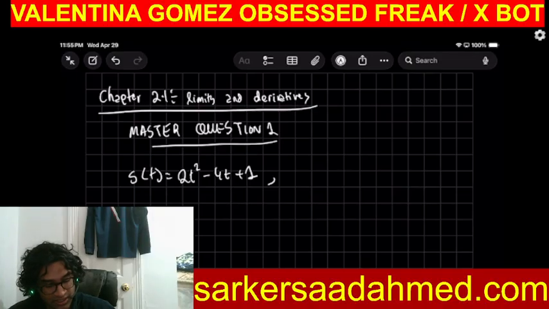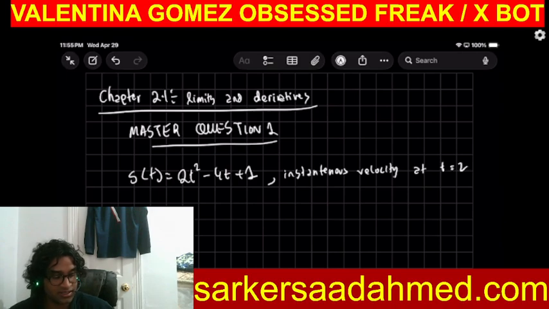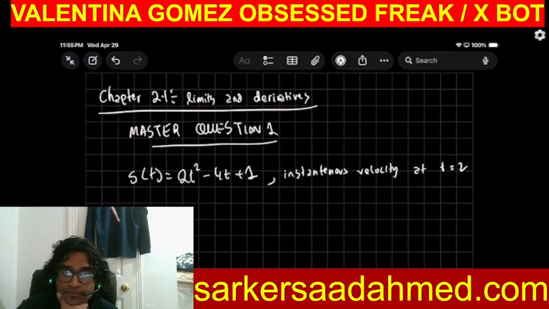Now we need to find the instantaneous velocity at t equals 2. So what exactly are we told here?